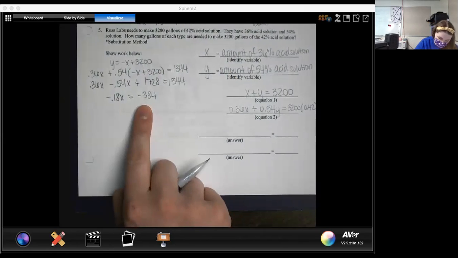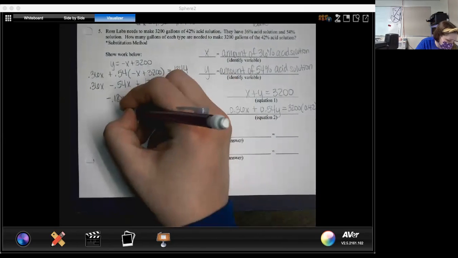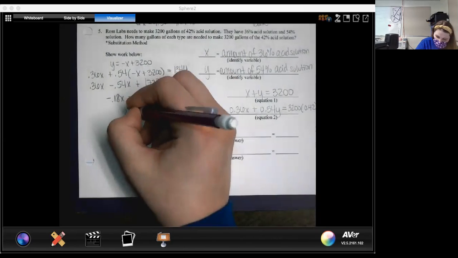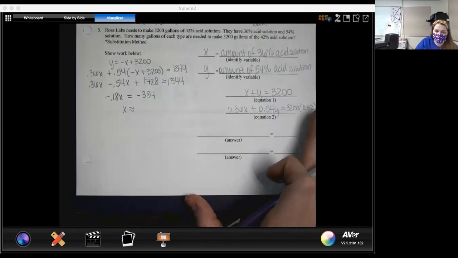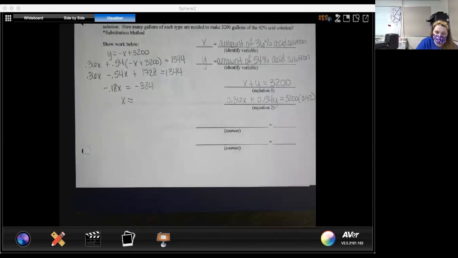And then when we divide, you're not going to get an exact answer, but we're going to go off the approximate answer. So approximately x equals how much? Approximately, what does x equal? If you rounded it to the nearest whole.